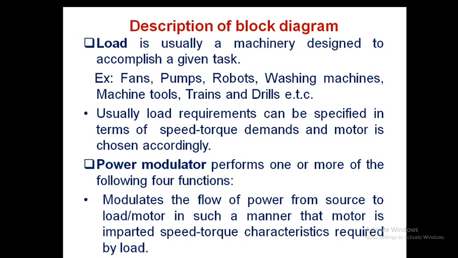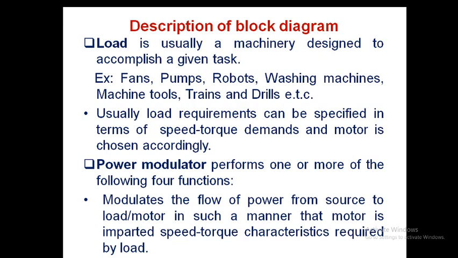Next one is the power modulator. This power modulator performs one or more of the following four functions. One is it modulates the flow of power from the source to the load or motor in such a manner that the motor is imparted the speed-torque characteristics required by the load. So the power modulator needs to modulate the power from the source to the motor.